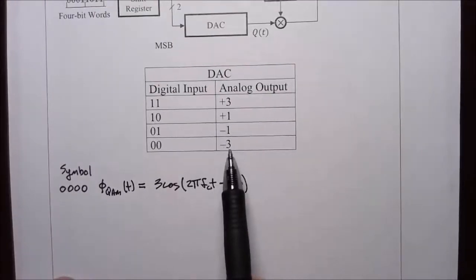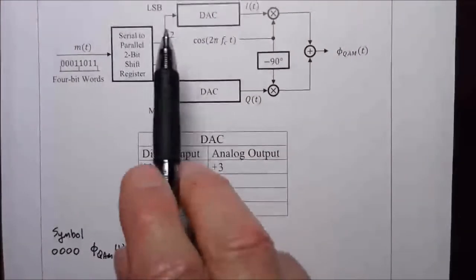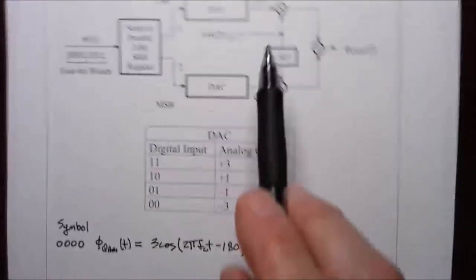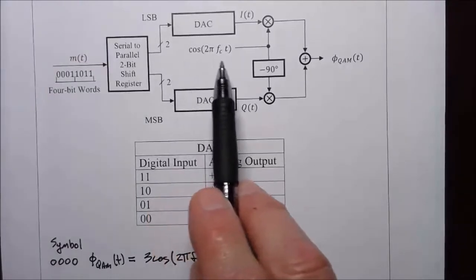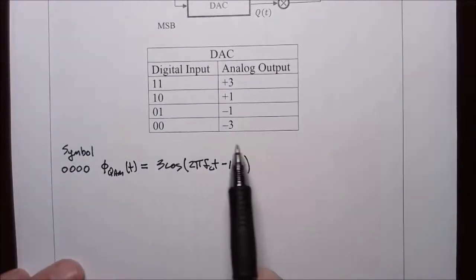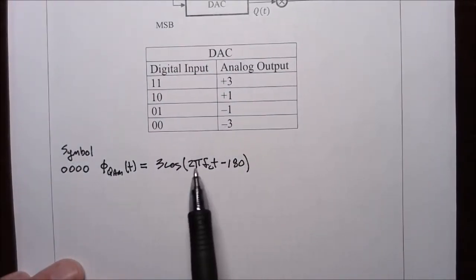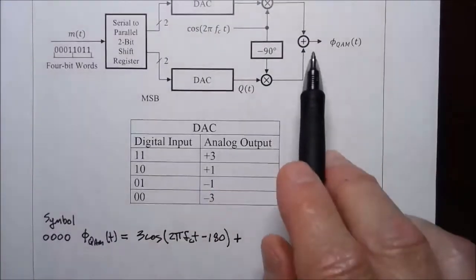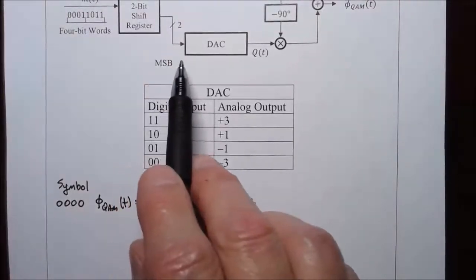So the least significant bits, 0, 0, maps to -3. So we have -3 times cosine. I'll put the minus sign into the phase angle, 3 cosine 2 pi FCT, and we're adding to that the signal through the bottom. That's the more significant bits.